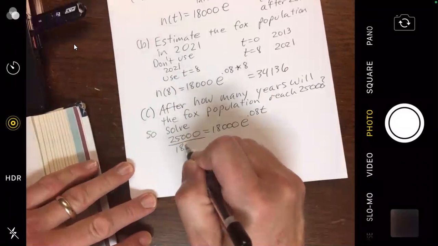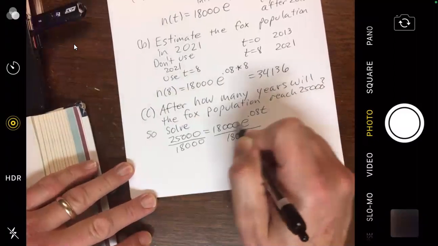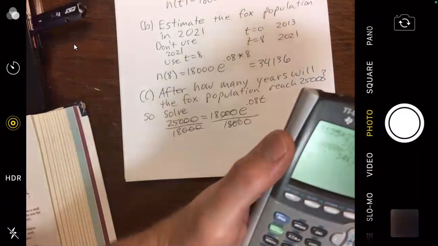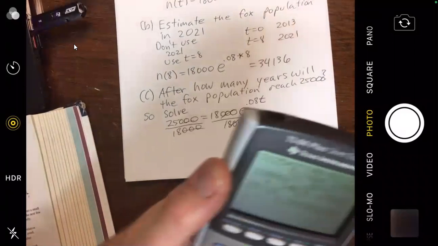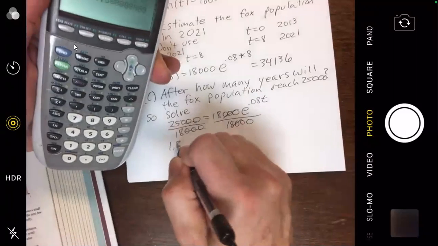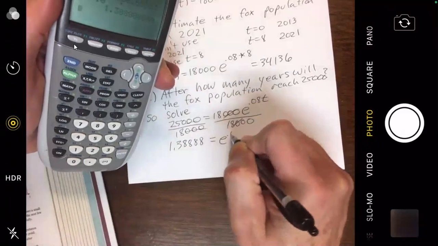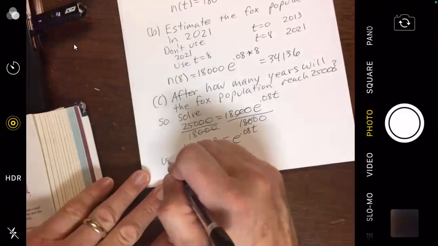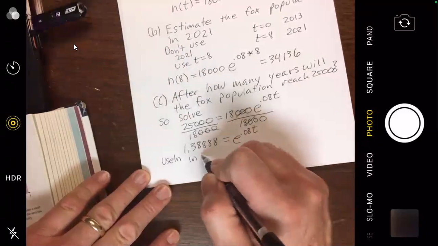Let's divide by the 18,000. Zeros cancel. 25 divided by 18 is 1.38888. Use ln.